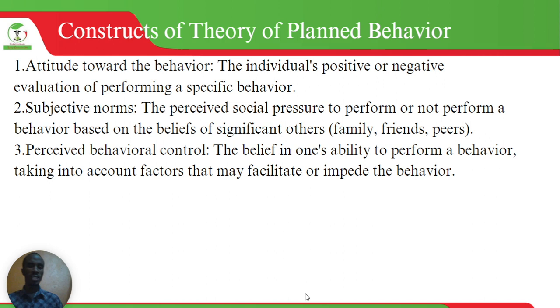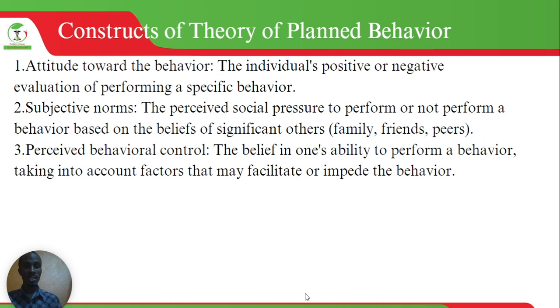For example, if you're promoting cessation or stopping of smoking, you should be able to assess whether the attitude towards stopping smoking in that individual is going to be positive or negative. They should be able to have a positive attitude towards the life after they have stopped smoking.